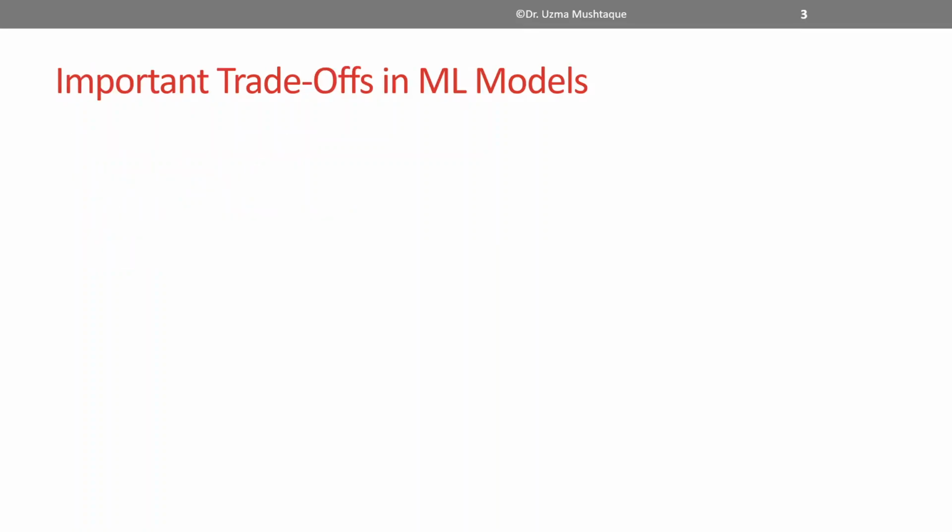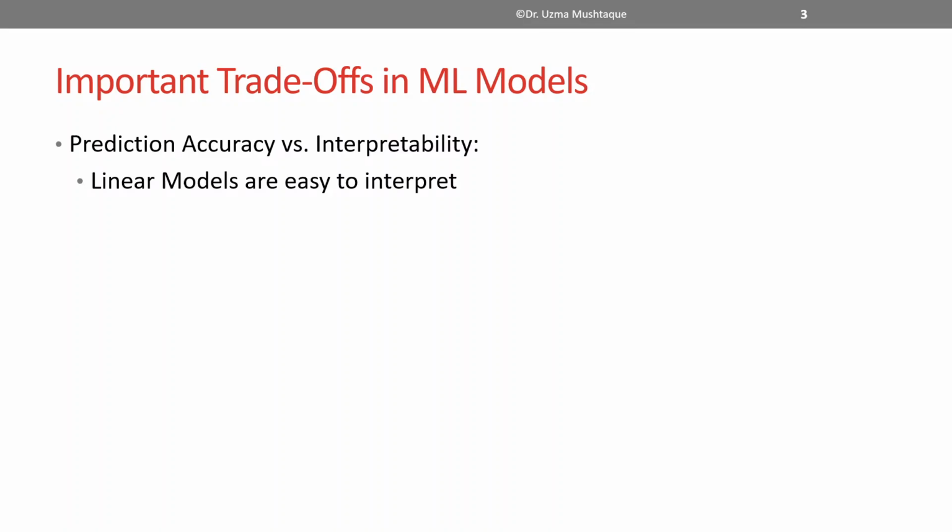Okay, some of the important trade-offs that generally exist in machine learning models are prediction accuracy versus interpretability. Now, why is this trade-off important? That's because if we're trying to achieve higher accuracy, we tend to go for more complex models. We've looked at it before with the linear versus the polynomial model, where we try to have a more flexible model, right?